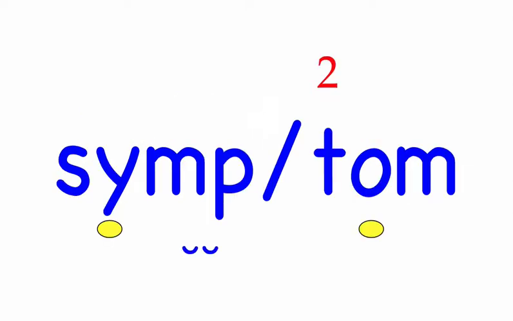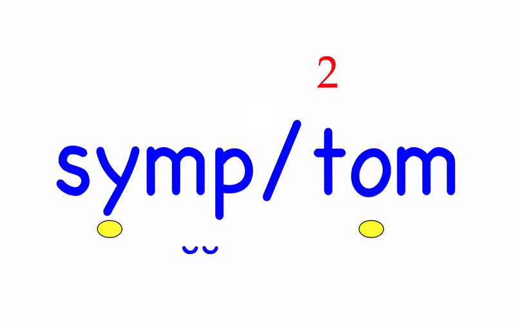Symptom. First, we look to see if we have any teams in the word, if any letters are representing their second sounds, or if we have a silent E. We don't have any of those elements in this word, so now we identify our vowel sounds. Next, we apply syllable division.